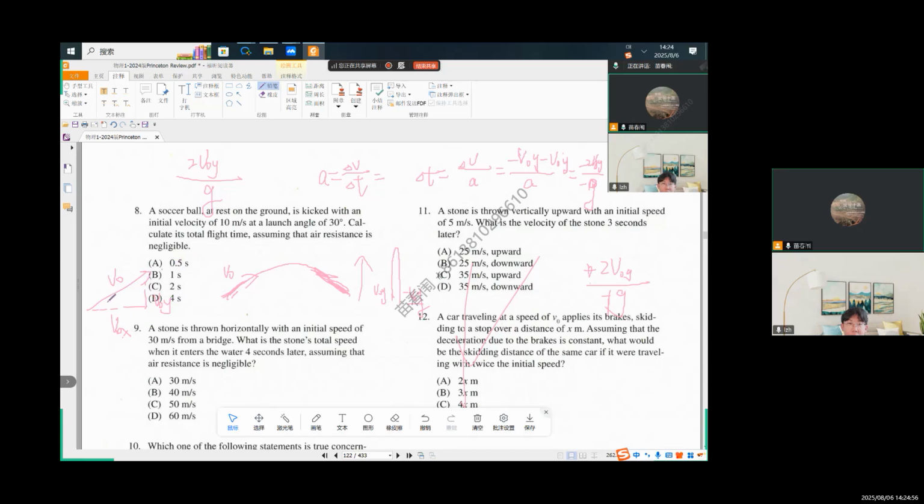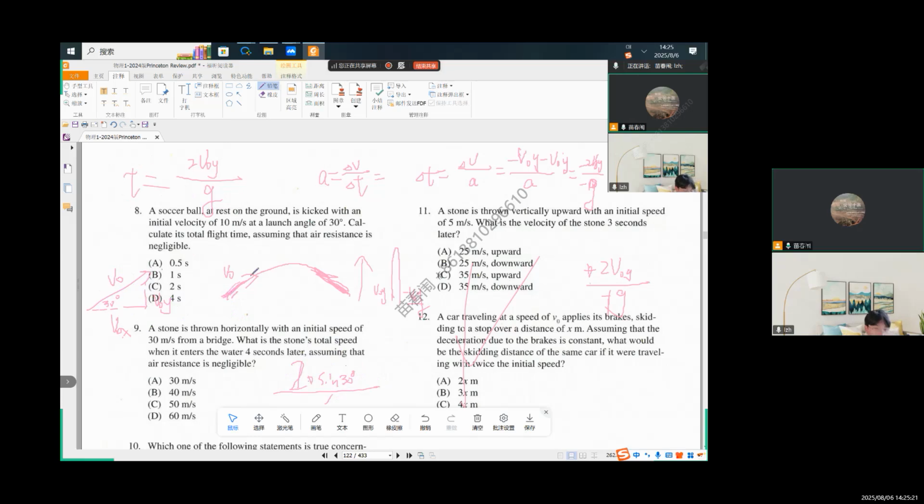That's the 30 degrees, sine 30 times 10, right? Initial velocity 10 times sine 30, and times 2, which is 20. Wait, what's the flight time formula again? It's 2v0y over g. Yes, this is the time.